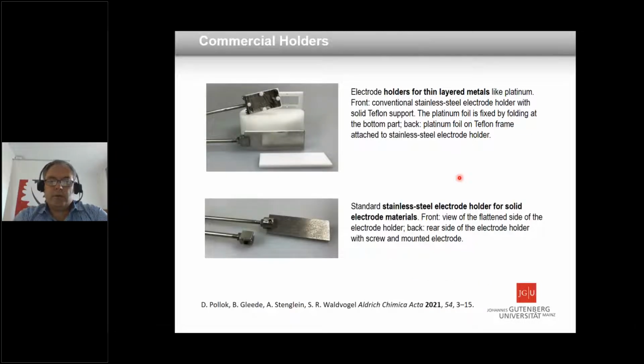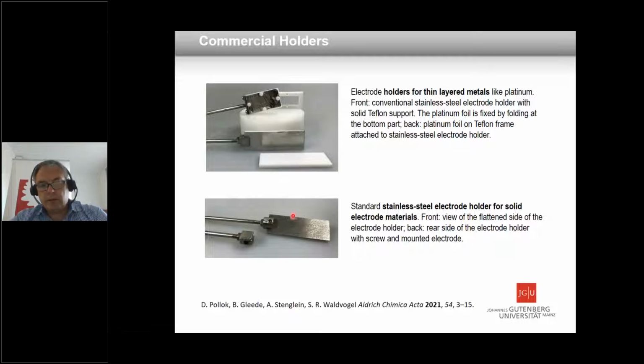Just to show you the variety of the electrodes: sometimes you have thin metals. That means if you have some noble metals like often platinum foil or even maybe silver foil, then you have this kind of Teflon dummy. You wrap it around that, and it's just a metal system, and you can put it in and screw it to that.